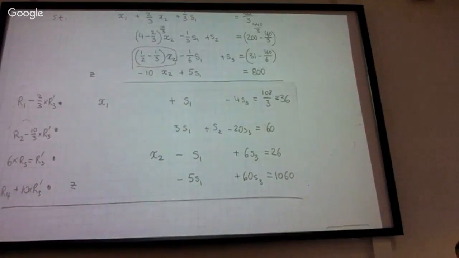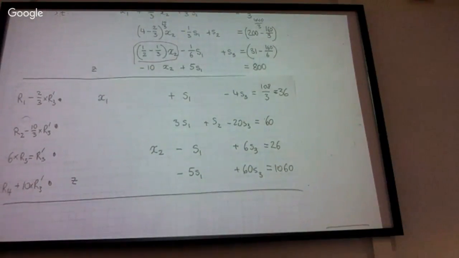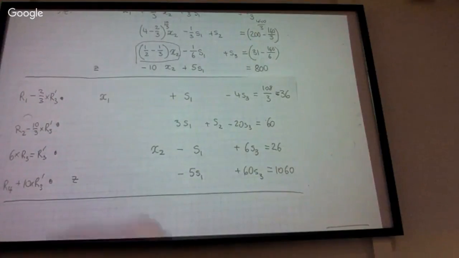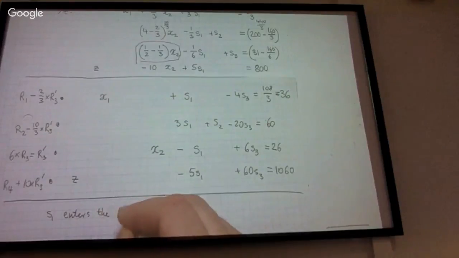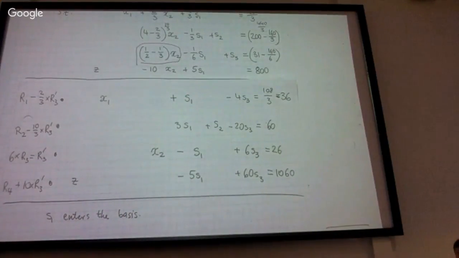But which is going to be the pivot element? So which variable is entering the basis? S1? Which variable leaves the basis?